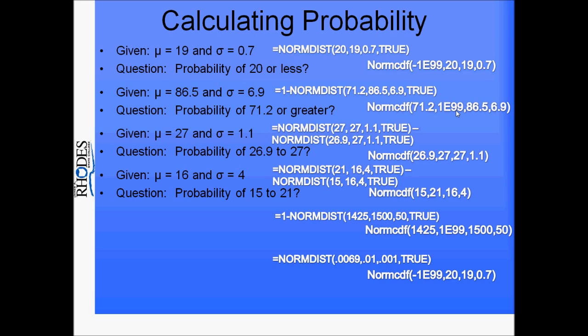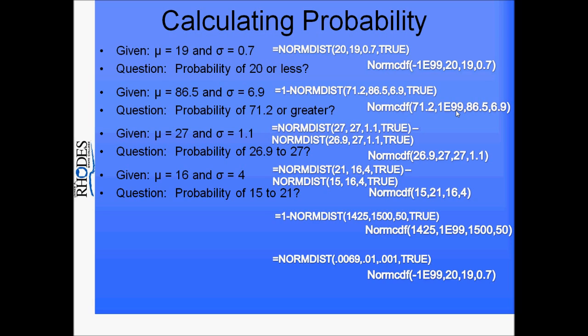My right bound is what? My right bound will be 21. And my mean is 16. And my standard deviation is 4. Okay. So when you hit enter, you should get about 49.3%, 0.493.